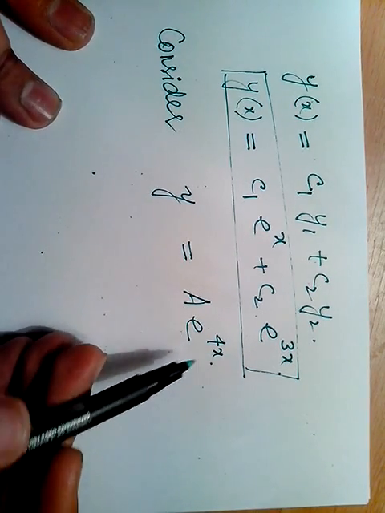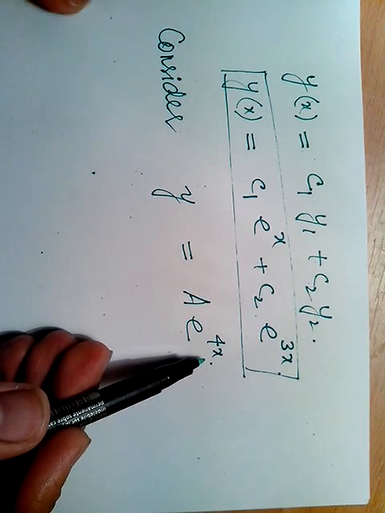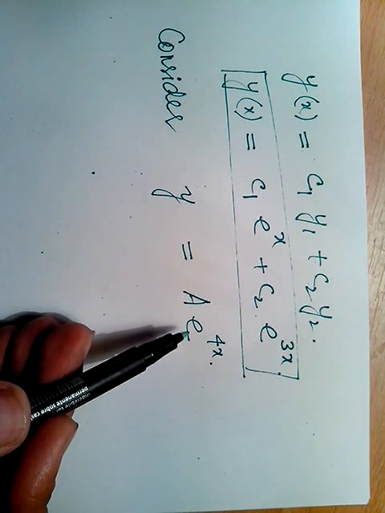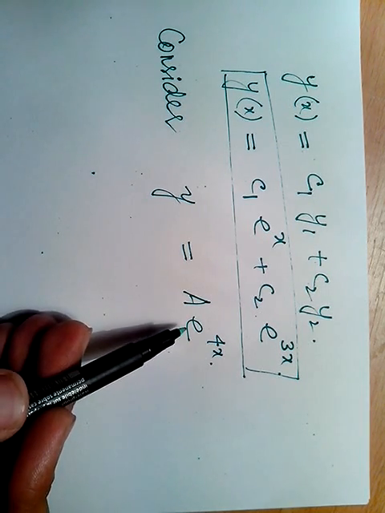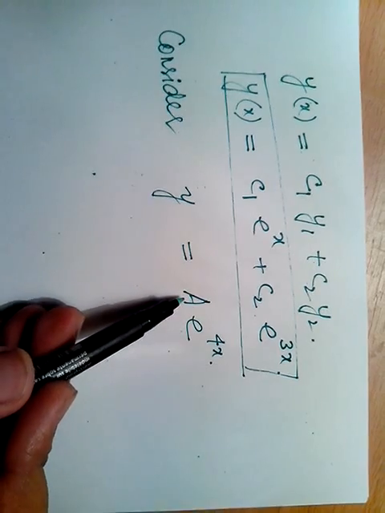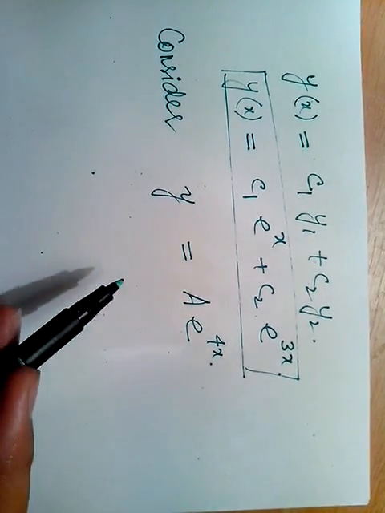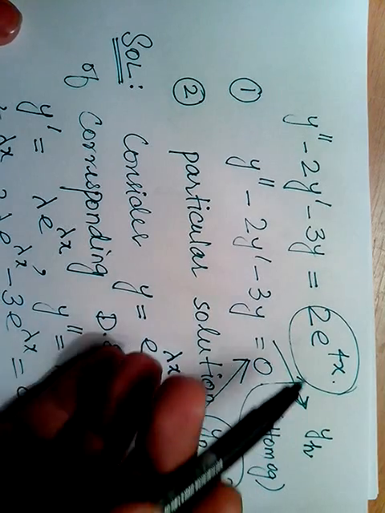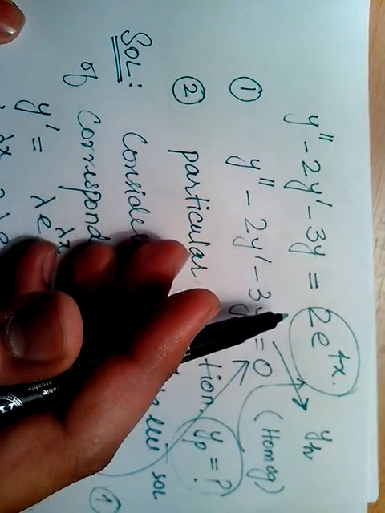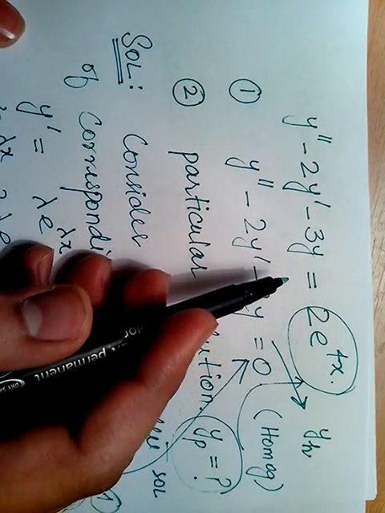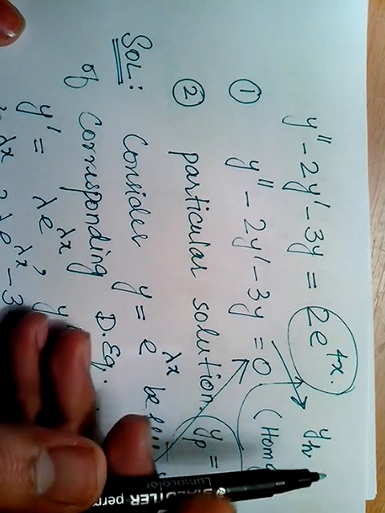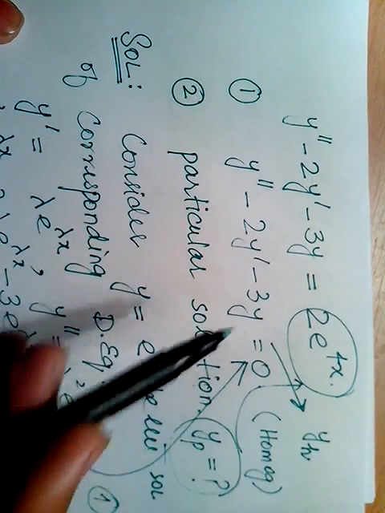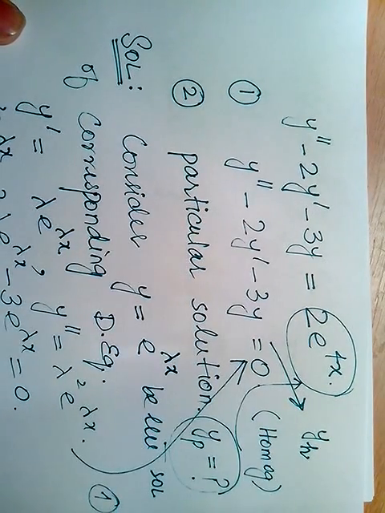Because e raised to power 4x appears on the right hand side, so it is a natural candidate to be a solution. We don't know what a is, we need to find a. Since we consider y equal to a e raised to power 4x a solution of this differential equation, we plug it in and see what happens.